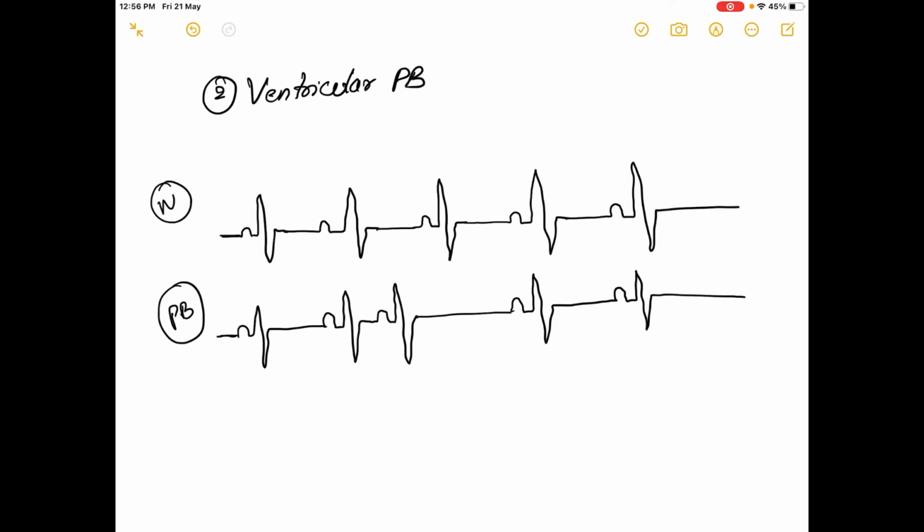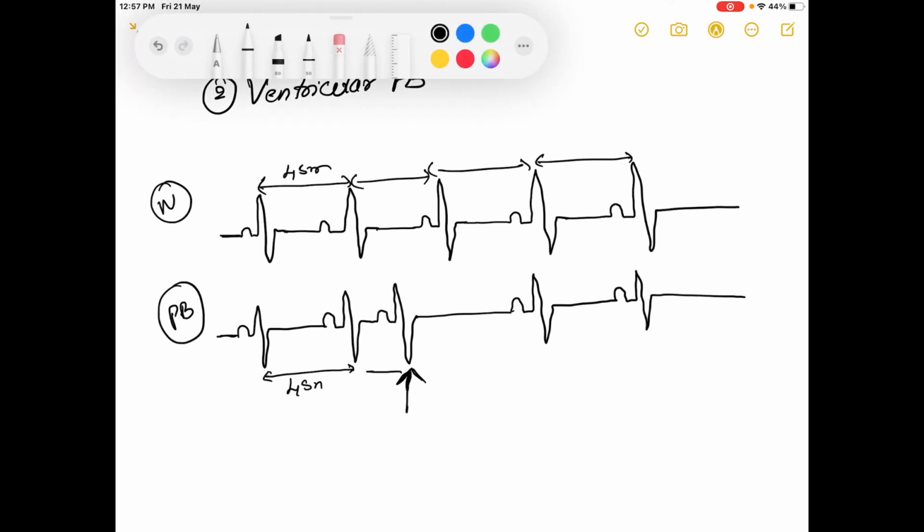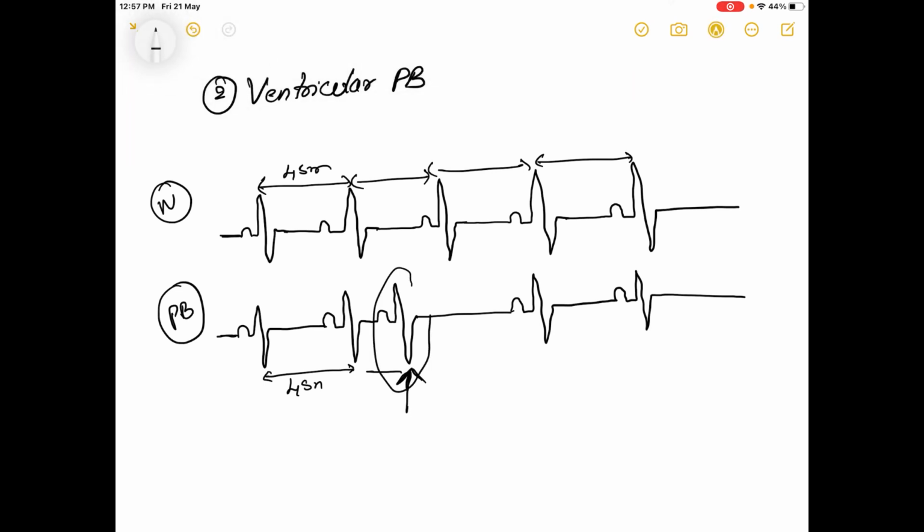Normally, consider the gap between beats is 4 small squares, and this is continuously maintained everywhere. Here you have got a premature beat.